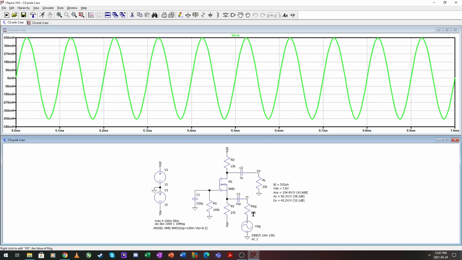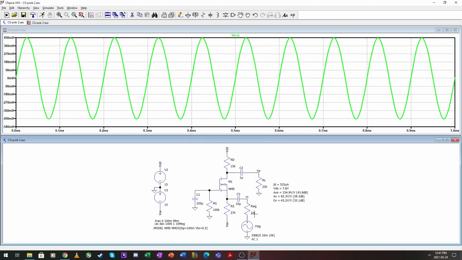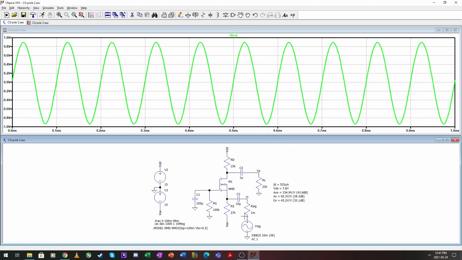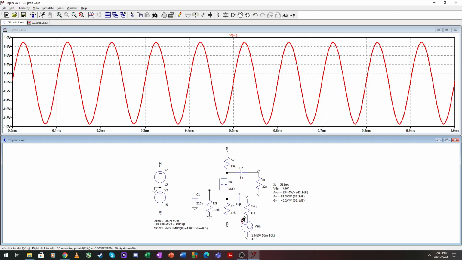Right, so let's check this for our loaded gain and our maximum gain. Make this 1 milliohm. So 1 milli in, almost no loading effects, and output is a bit more than 80.